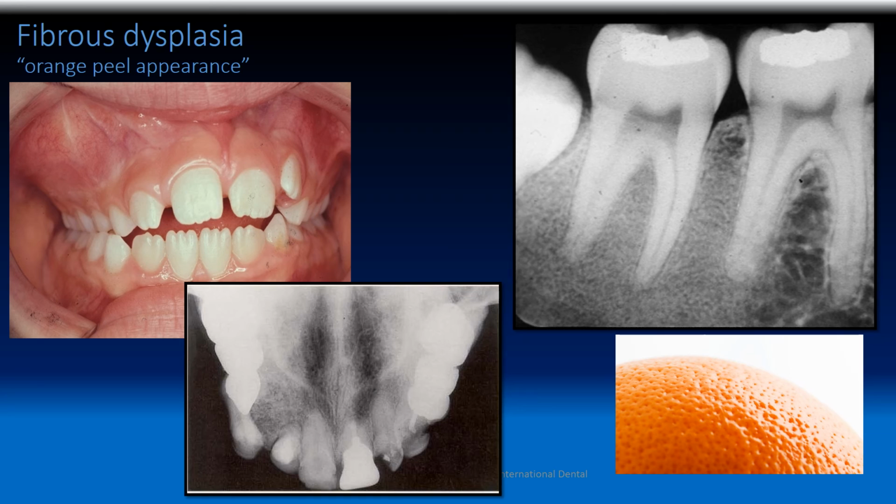That is what is called in radiology terminology, where you see the trabecular pattern strikingly different from the adjacent normal trabecular pattern in this first molar, whereas the second mandibular molar's surrounding bone shows ill-defined, thinned out trabeculae, very similar to an orange peel appearance. Clinically, you would be able to see bony swelling and enlargement on either one or a few areas of the bone.